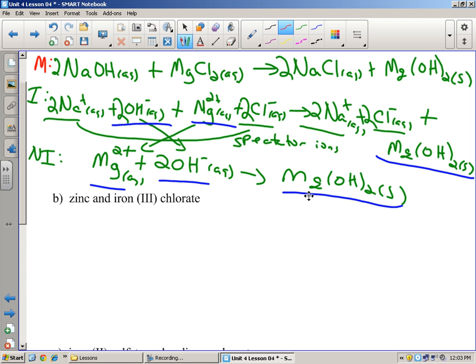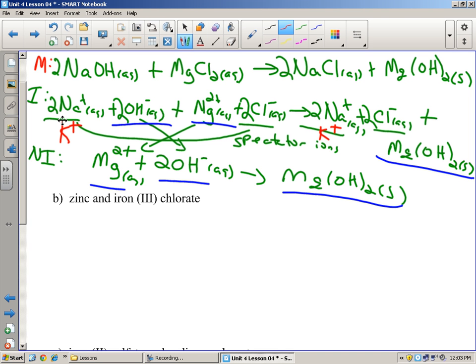Could I have used potassium ions here and got the exact same result? Yeah. Because the potassium loses its electron to hydroxide. Magnesium still gives its electrons to chloride. The only thing that changes, of course, is my spectator ions. Now I end up with potassium ions over there, but I would get the exact same net ionic equation.